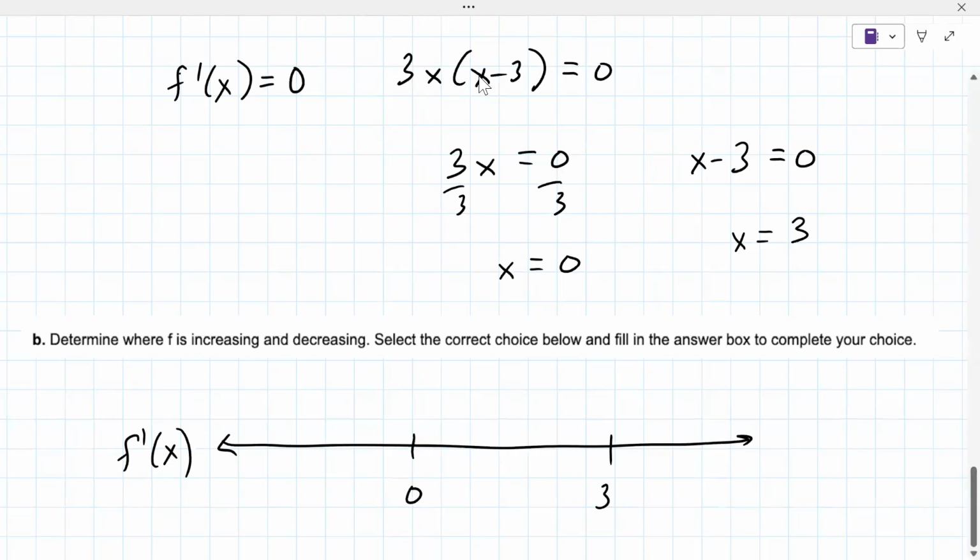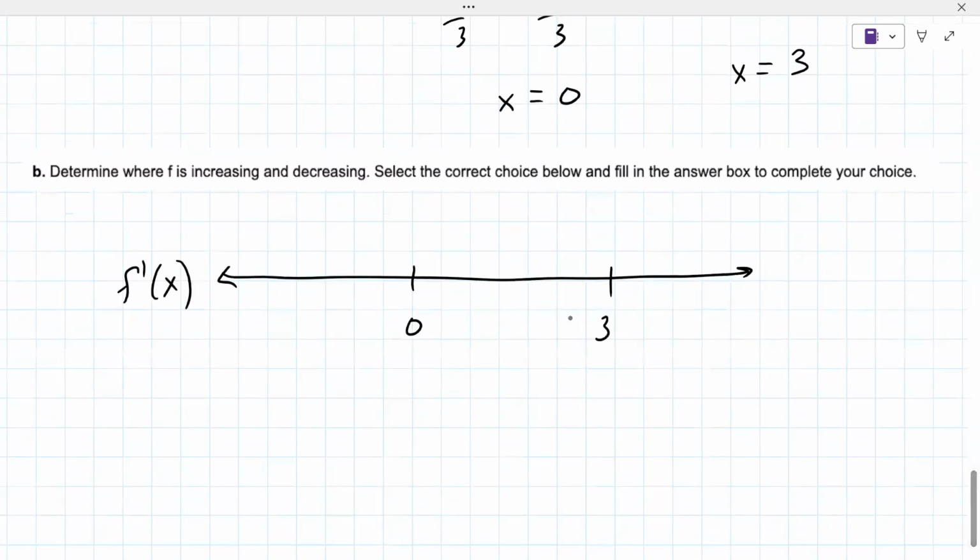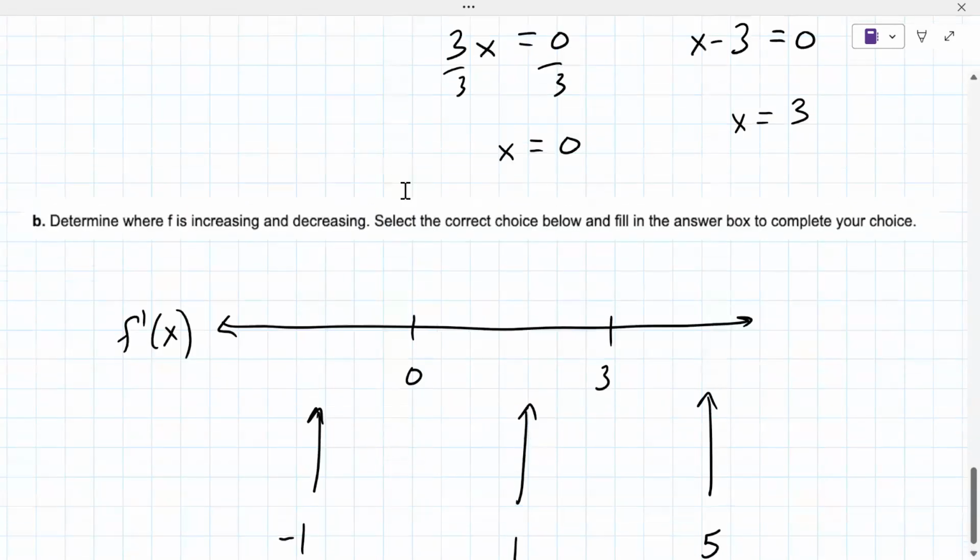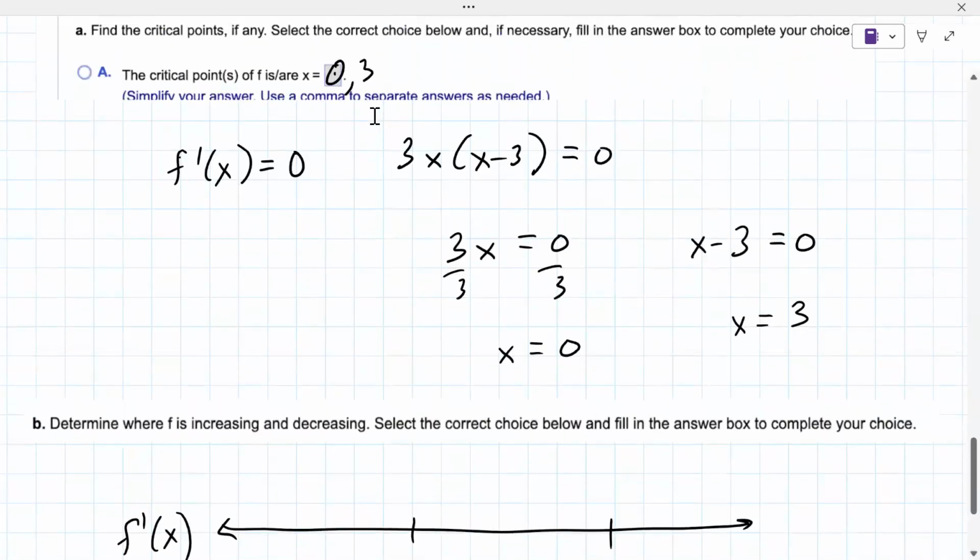So what you do is you go back to this 3x times x minus 3, and you test points. You test numbers that are in between. So like -1 is less than 0, to the left of 0. 1 is between 0 and 3, and then 5 is here. So you put those values back in the given derivative.